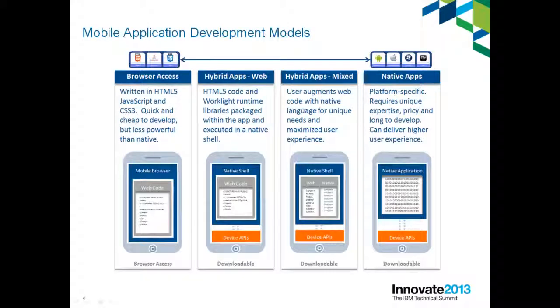There's a misconception that when people buy Worklight, they automatically think this is about hybrid application development. It is true that our main value proposition is with hybrid, but you can also use Worklight to build pure native applications, and you can still get value out of the platform because of the security, analytics, and unified push support we have on the server side.